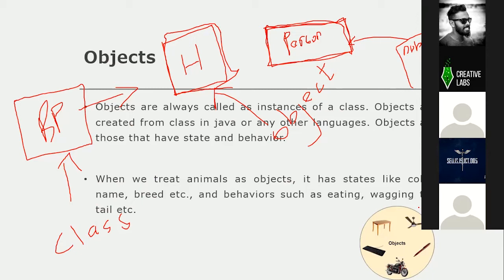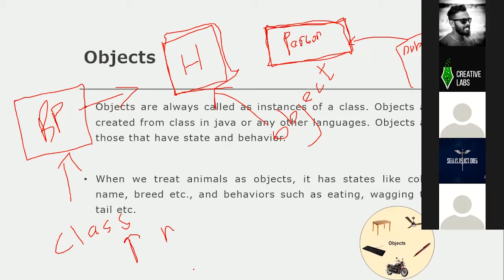If we are providing these states and behaviors for a particular class, for example, this blueprint is a class. This blueprint will have a number of bedrooms, a dining room, and some other things, which are states, and it also has some behaviors.